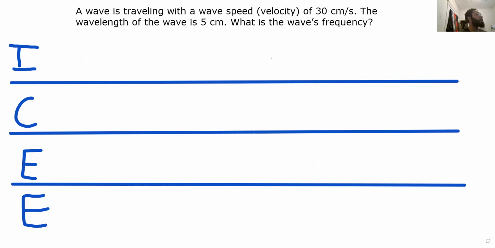Give me 1 second, you all. All right, let me put this last problem, where we solve for wavelength, in here.